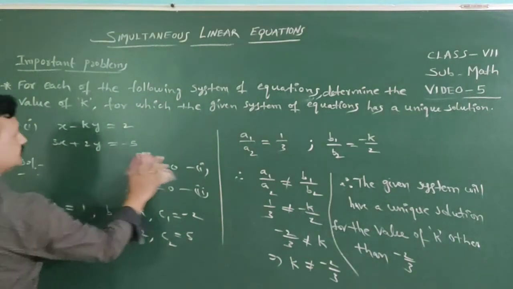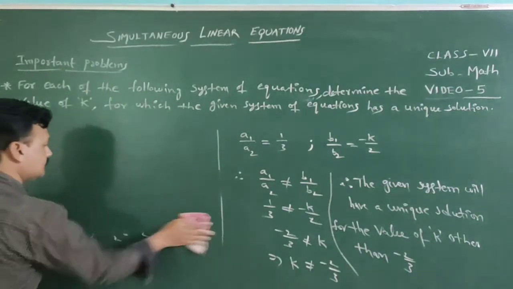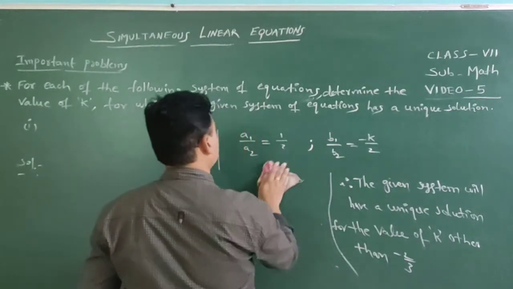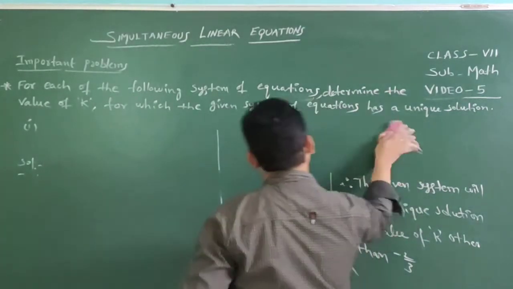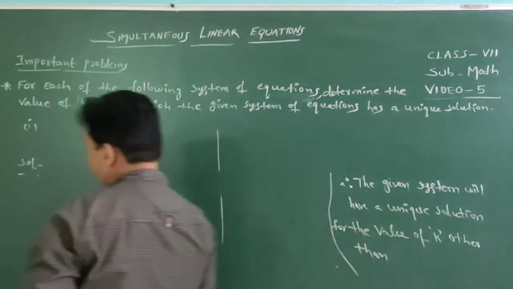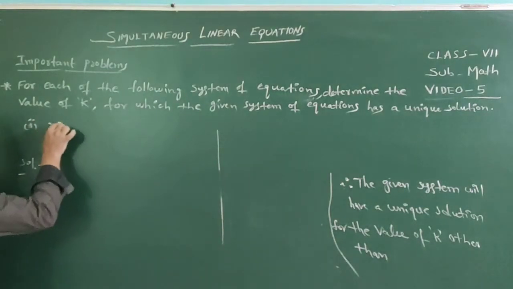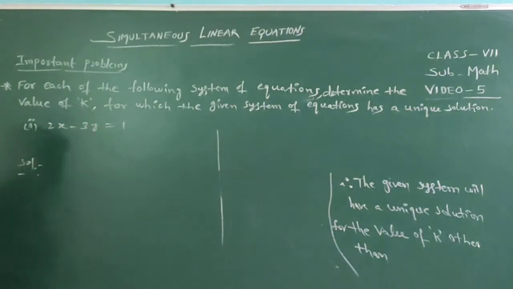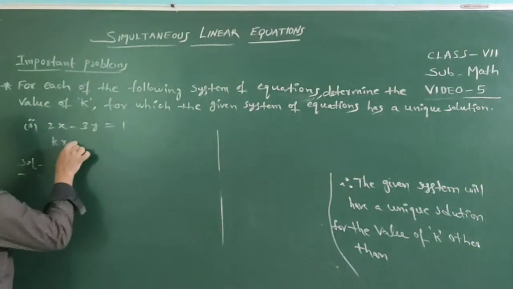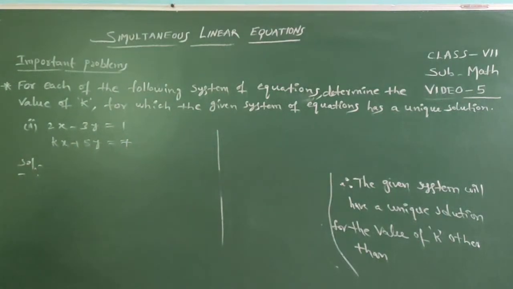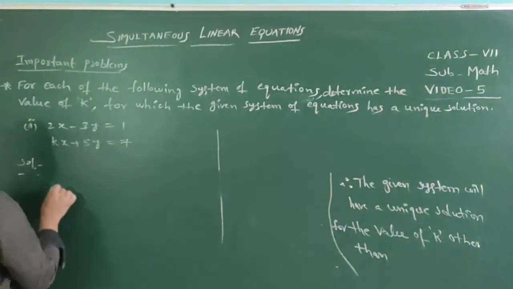Second example. 2x minus 3y equal to 1, kx plus 5y equal to 7.